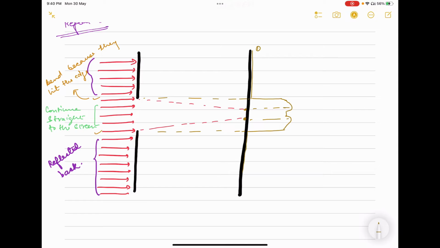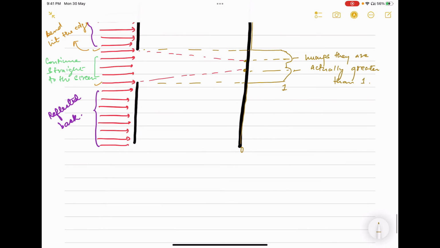So this is 0, this is 1, and these two humps are actually greater than 1. So here we get extra intensities. This is actually not a peak but a broad diffused peak, we can say.